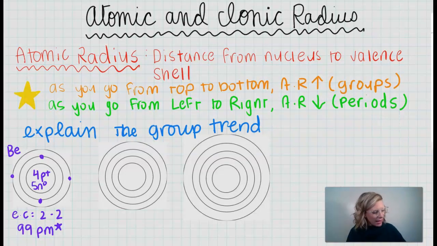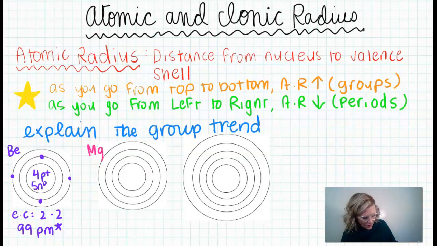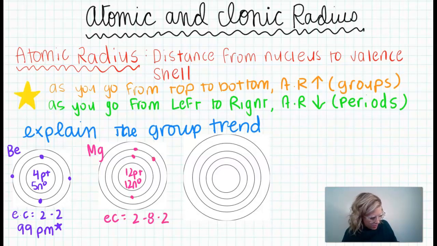Okay, let's take a look at our next group 2 element, which is going to be magnesium. Okay, so magnesium has 12 protons, 12 neutrons. Our electron configuration, 2-8-2. So we have 2 in the first energy level, 8 in the second, 1, 2, 3, 4, 5, 6, 7, 8, and then 2 in the outermost shell, okay?